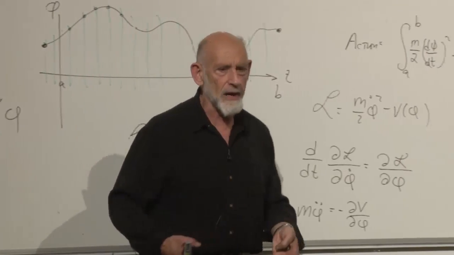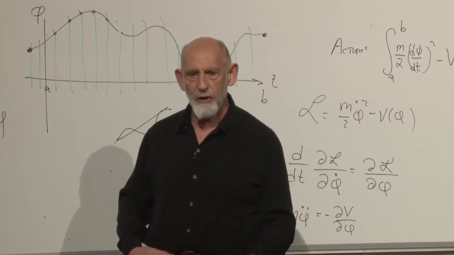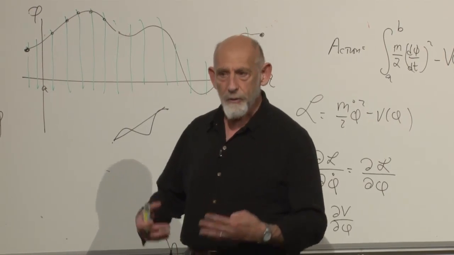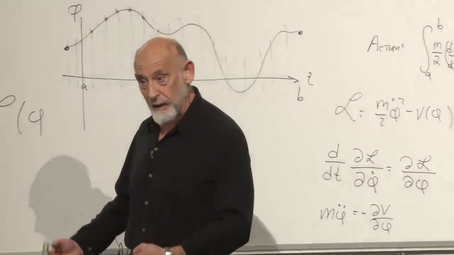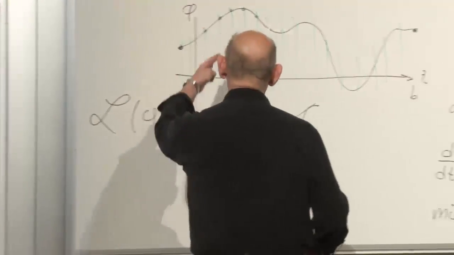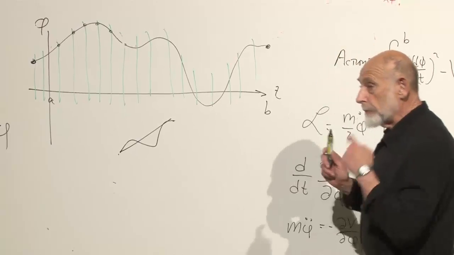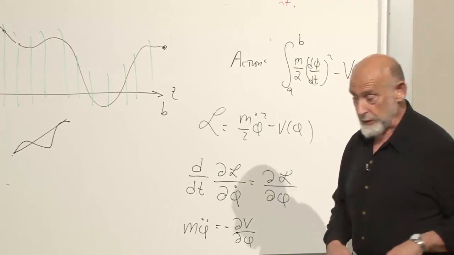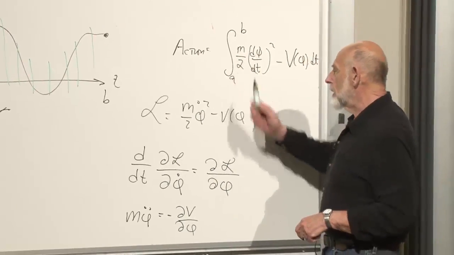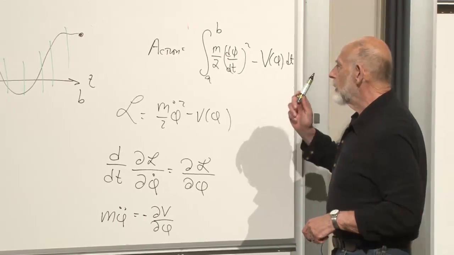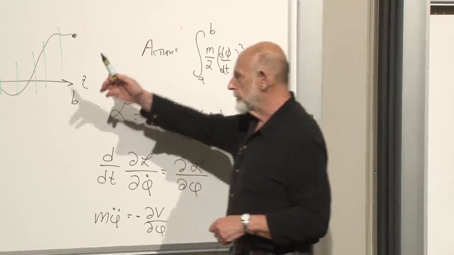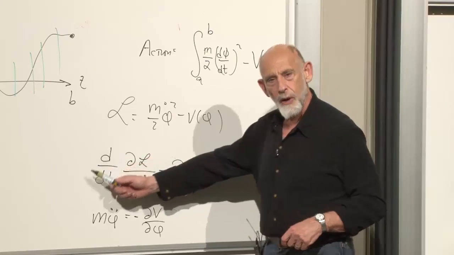And how would we minimize it? We would minimize it by differentiating the function with respect to the variables and setting it equal to 0. Exactly the same operation that we did over here. Doing that operation, and it's in your notes, in the classical mechanics notes, we went from that principle to the Euler-Lagrange equations.